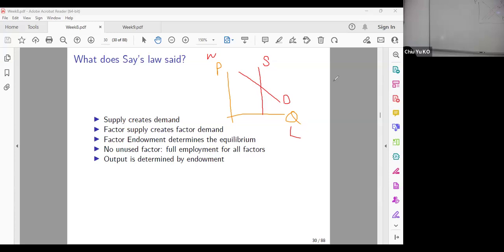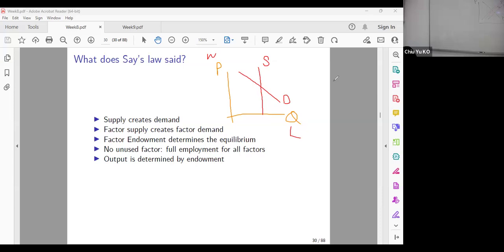If you look at the 80s and 90s, what we have is the economic miracle, the Asian four tigers. And people will say, why so weird, the Asian four tigers come out. If you look at the data carefully, it turns out it's not an economic miracle, it's just because endowment increased.